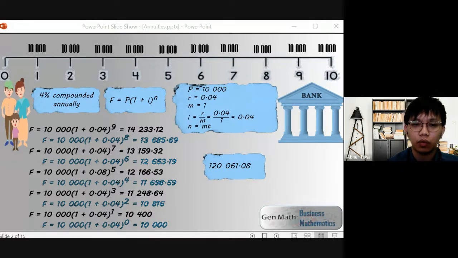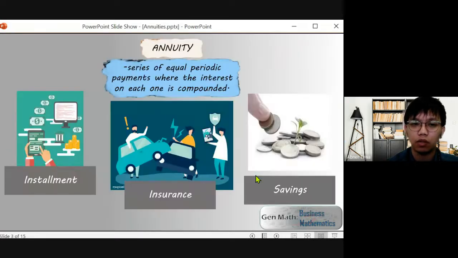Okay, to give you the concrete definition of annuity: it is a series of equal periodic payments where the interest on each one is compounded. Ibig sabihin, when you see a series of payments, that is many payments. Not only one, not only two, but many, more than two.